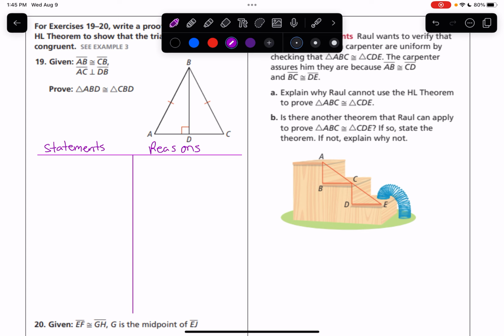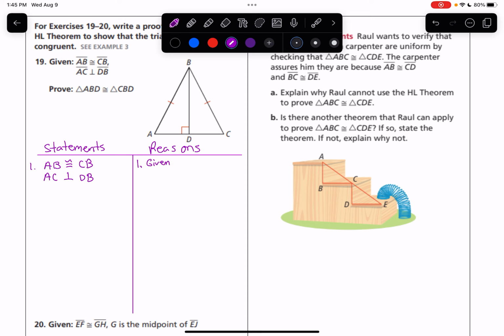So of course, we have our given information statements that AB is congruent to CB, and that AC is perpendicular to DB. So of course that means we have right angles, and it means we have the congruences that are marked on the diagram. So that is given.